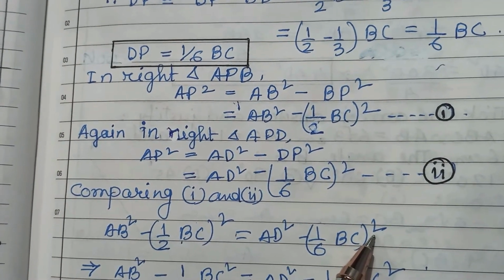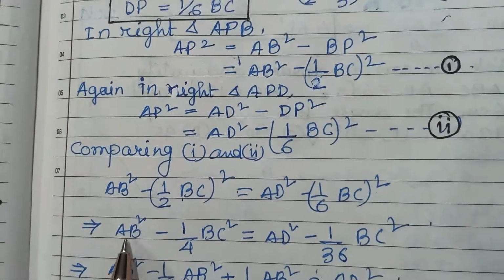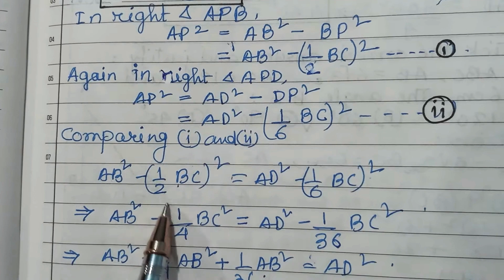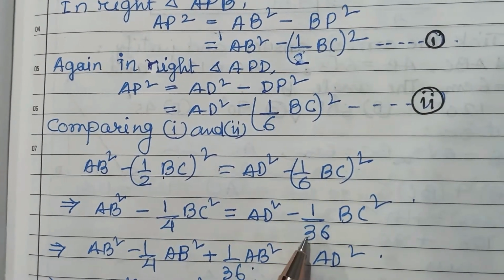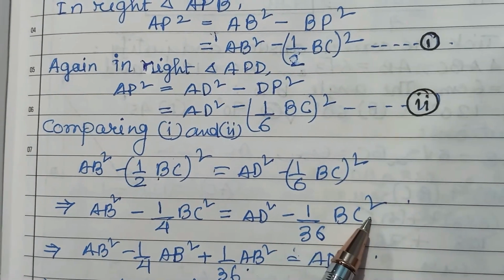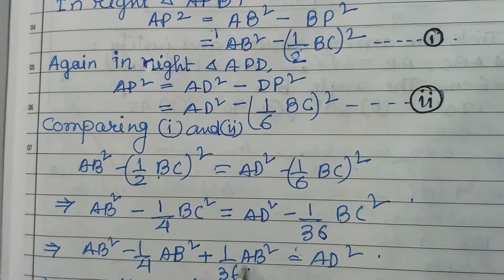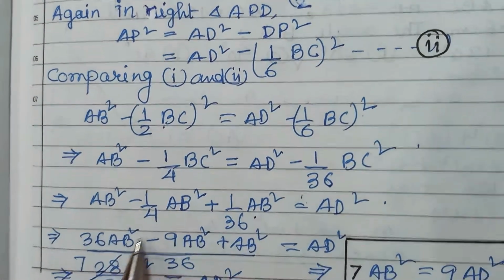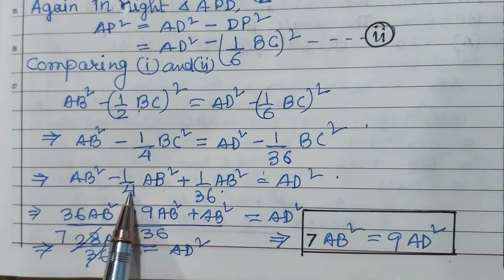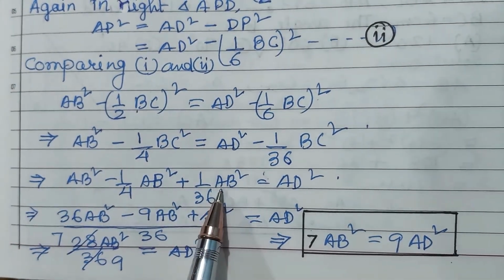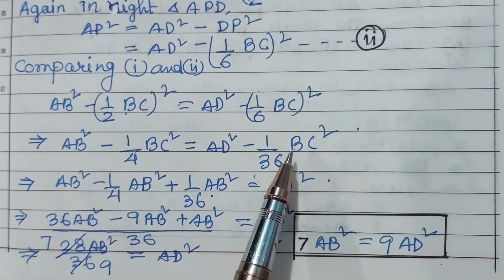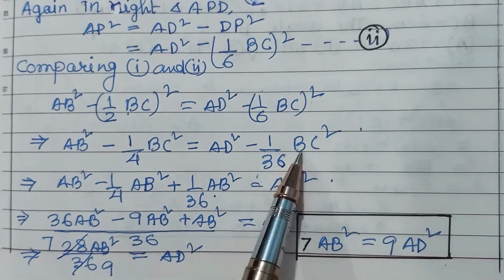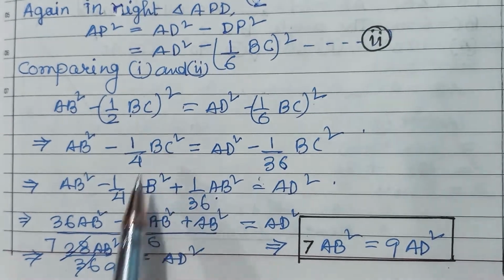Now here it is AB square minus 1/4 BC square is equal to AD square minus 1/36 BC square. Now you calculate this one, you can check it. It is 1/4 AB square and 1/36 AB square. Actually BC is equal to AB, all three sides are equal. So we have taken it is AB, it is also AB.